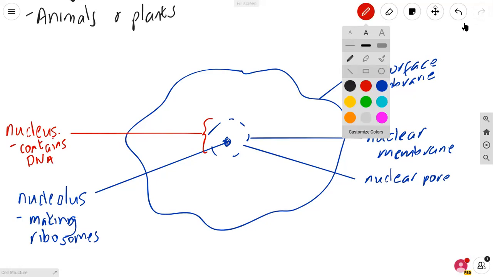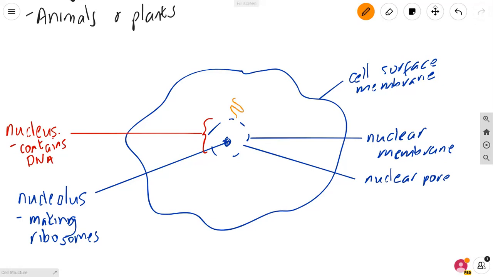If we keep on going around our cell, coming off the nuclear membrane as a continuation of that nuclear membrane is a network of membranes. Now that network of membranes can be one of two types, and they go all the way around the cell. Obviously, I'm only going to draw a few of them in.